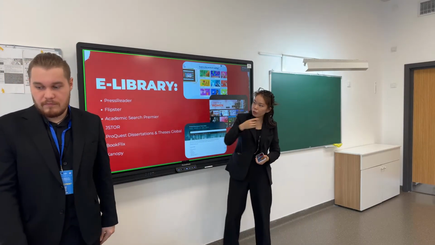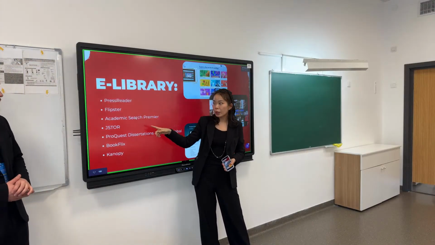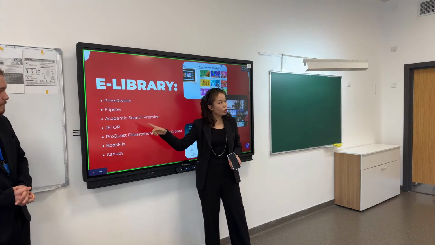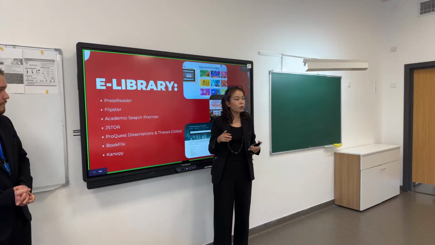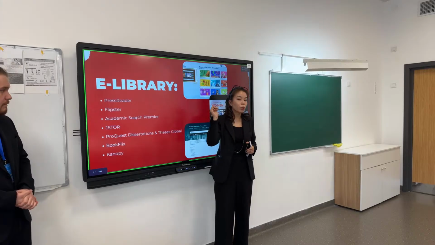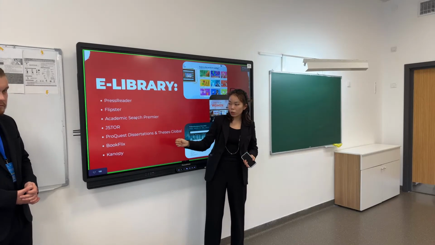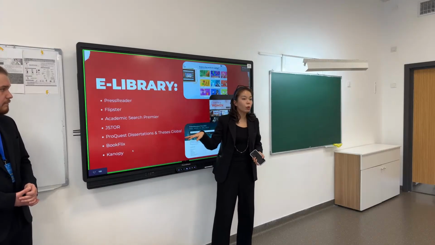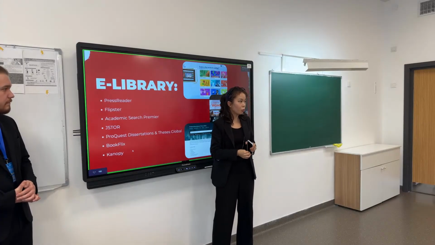As you see, the first one, PressReader and Flipster, is for magazines and journals. Here are the academic research partners, JSTOR and Gale, which are more for academic research. You can find theses, diplomas, and research from students at Oxford or Harvard. Also we have Bookflix, a platform where you can teach or learn the English language.